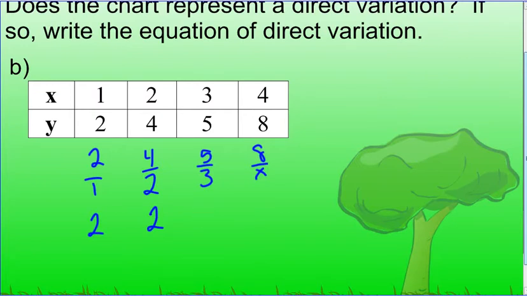So there's a problem there. Something's wrong there. And this should be a 4. 8 divided by 4 is 2. So this guy is not direct variation because this one did not work out. That does not have a slope of 2 when all the other parts do. So all we can really say is not direct variation.